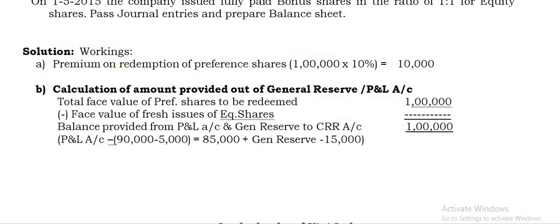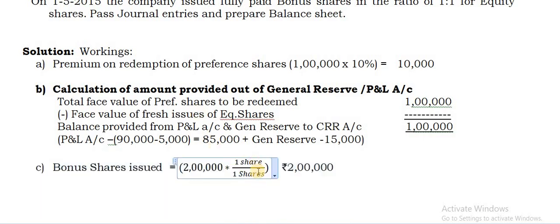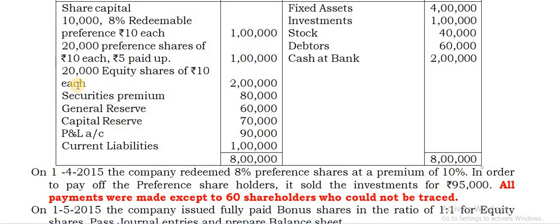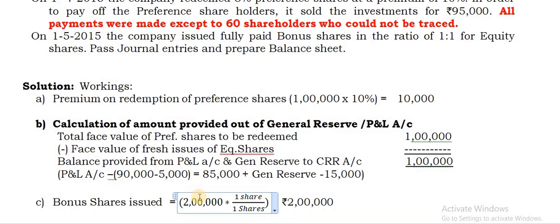Then you calculate the bonus shares. I already told you about the bonus shares, and it is 1 share by 1 share. You take how many number of shares are there? 20,000 shares. Take 20,000 shares into 1 share by 1 share into what is the rate per share?